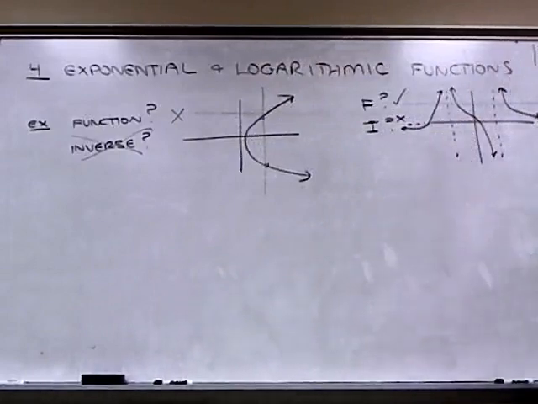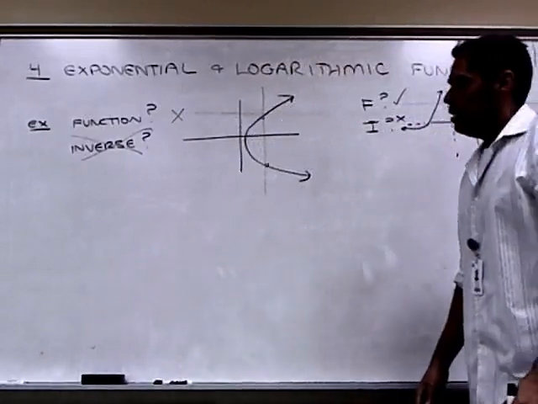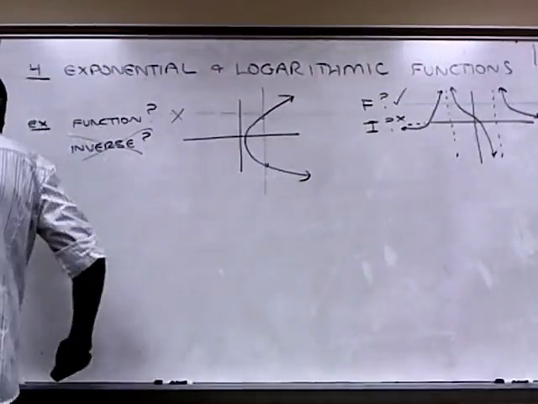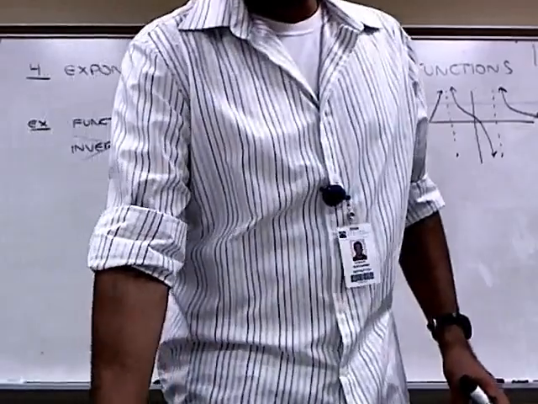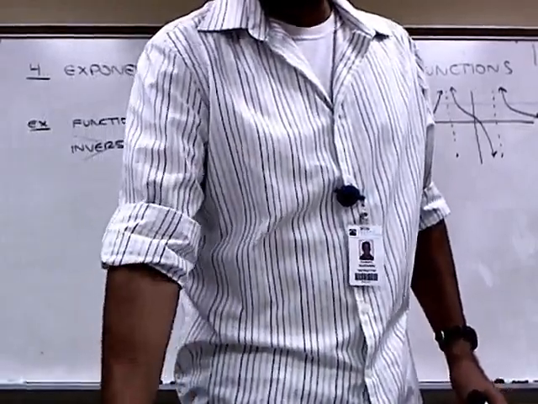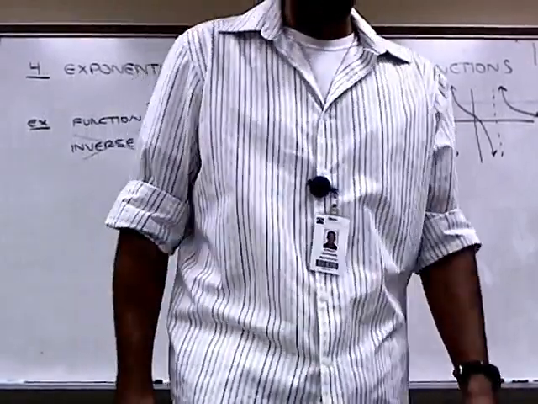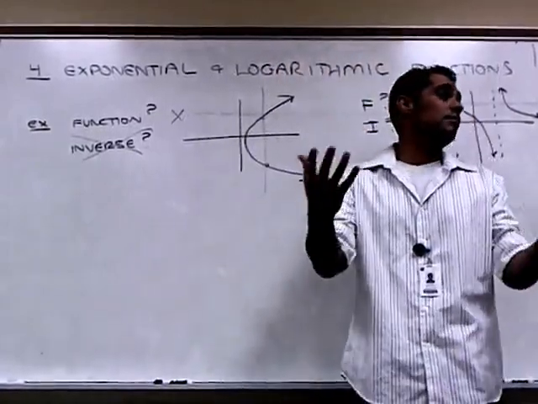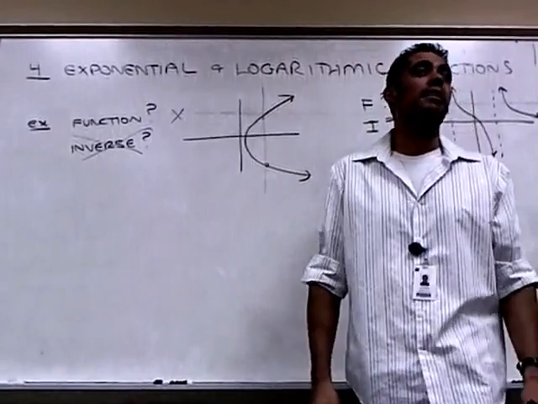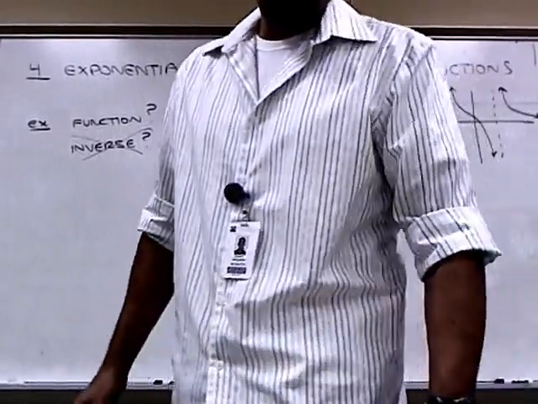Got it? All right, so that's the visual idea behind a function and whether or not it has an inverse or not, all right? So the first 5 problems in your homework, they give you a picture and then they ask you, is it a function, does it have an inverse, basically.